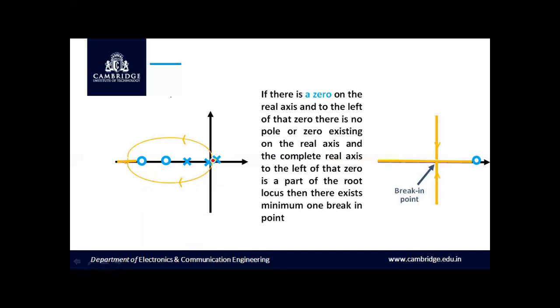And with respect to rule 2, in this example we have number of poles P equal to 3 and number of zeros Z equal to 2. Hence, out of these 3 open loop poles, 2 poles will try to terminate at 0. That is, the rest, P minus Z, that is 3 minus 2, that is one of the poles, will be terminating at infinity.